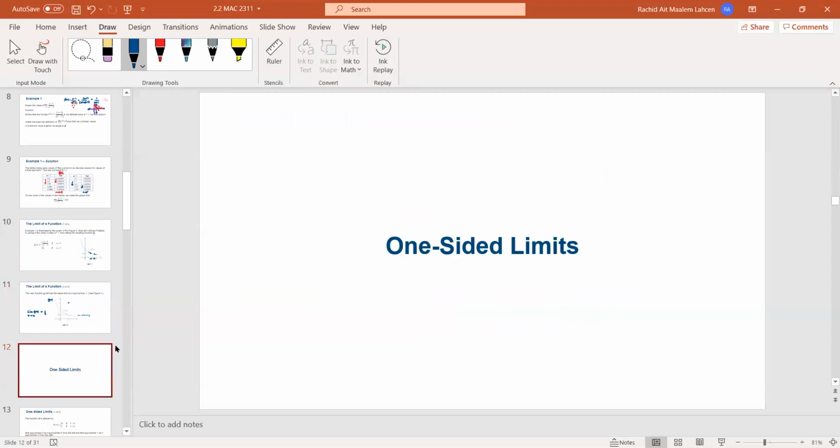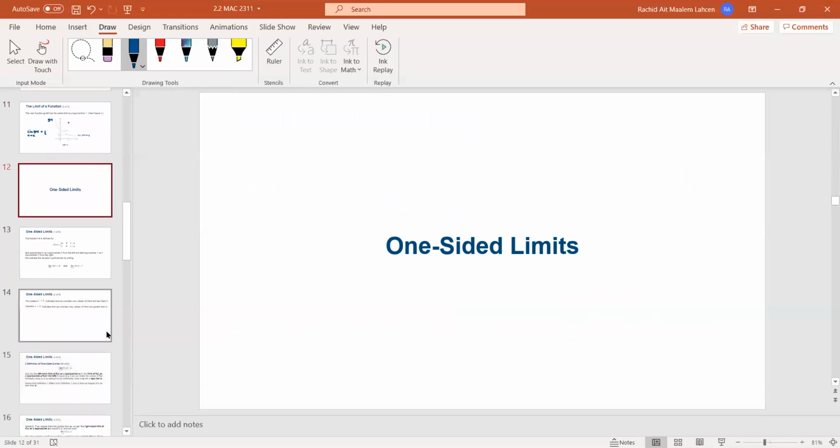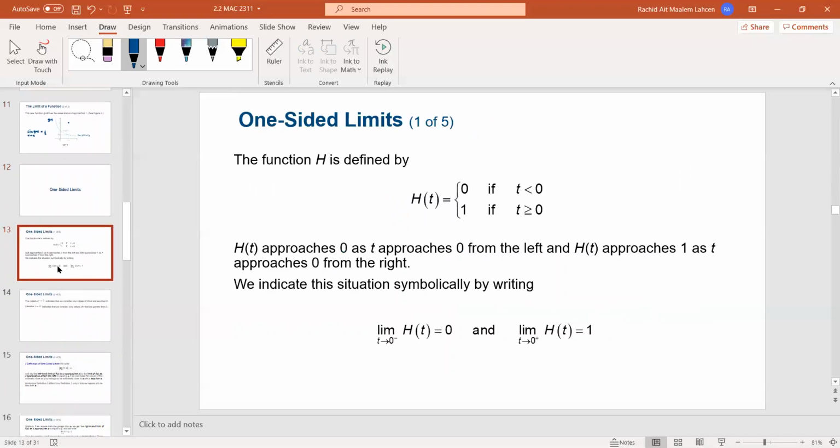And the next part we're going to see is one-sided limits. One-sided limits happen for functions where it's not the same from the left and the right, like what we just did. And here is an example for it.